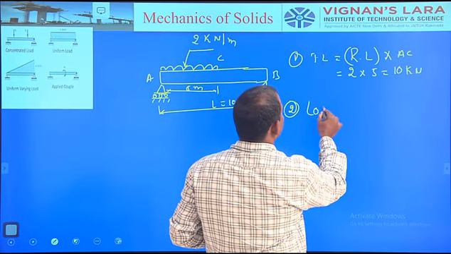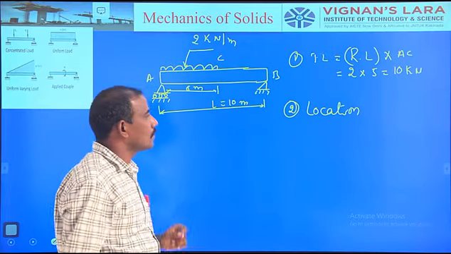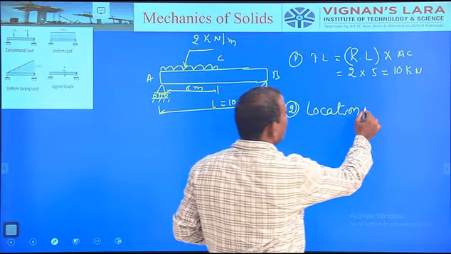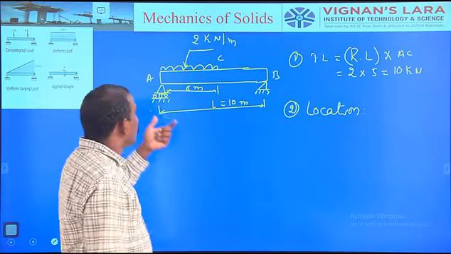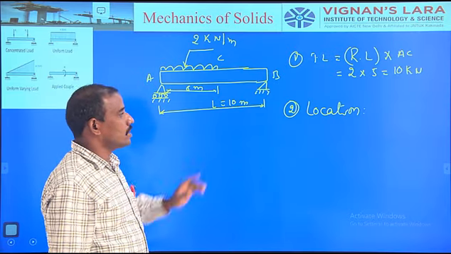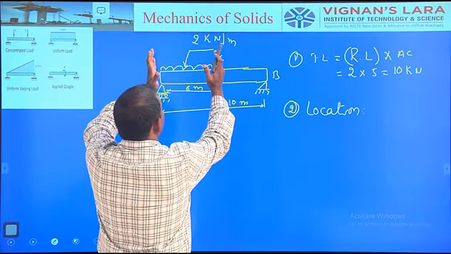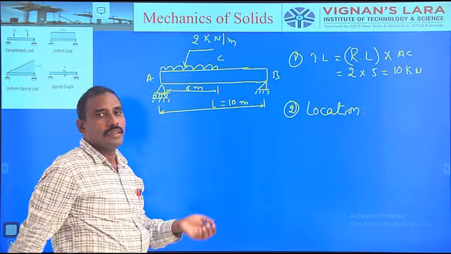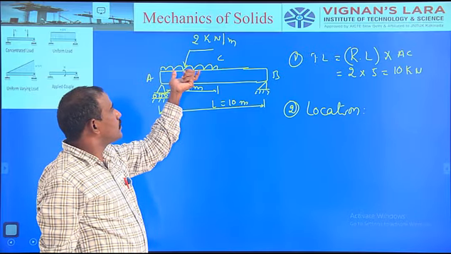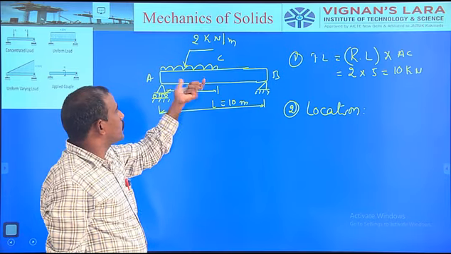What about the location? Again, it is the midpoint of the span over which the load is distributed, only here itself. So location is also very, very important. We have to take the midpoint of AC, not AB, because the load is distributed over a distance AC only, not AB. What about the midpoint of AB?